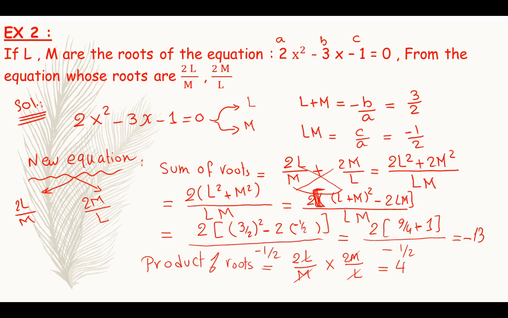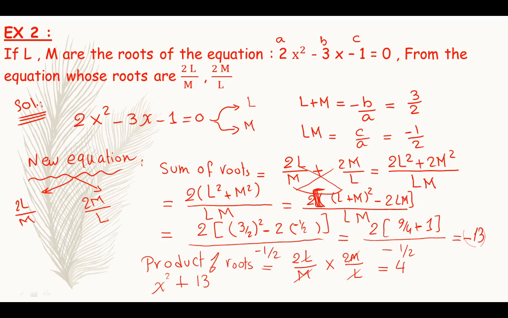Okay, now you can form the new equation. The new equation will be x power of 2 minus the sum of the two roots. What is the sum of the two roots? Negative 30, so minus negative 30 will be plus 30.